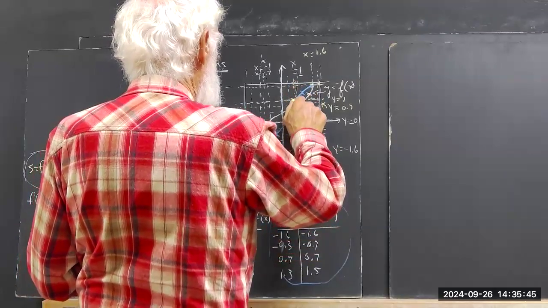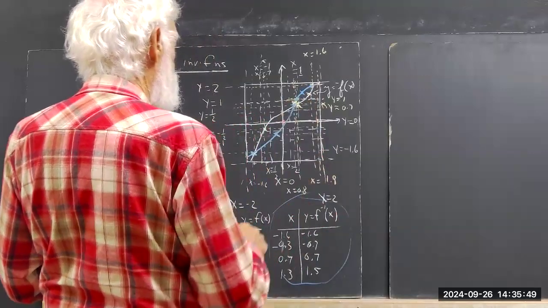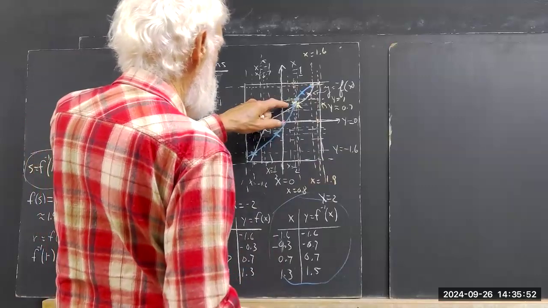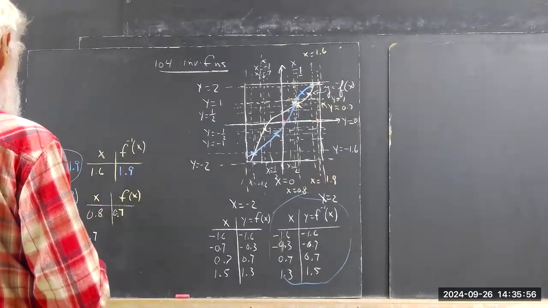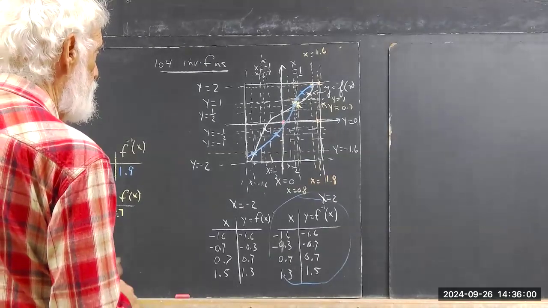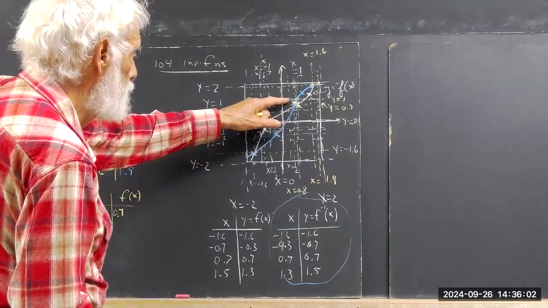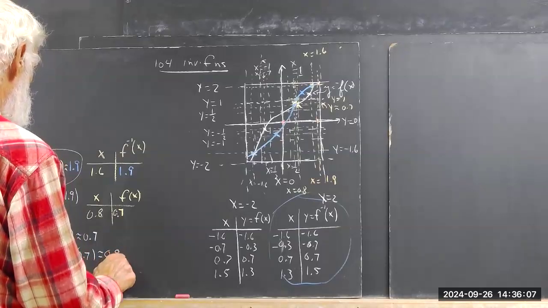And we get a point on the graph of f inverse, and we might estimate that according to the graph, f inverse of 0.7 is pretty close to 1. So I'll say that's maybe 0.8.